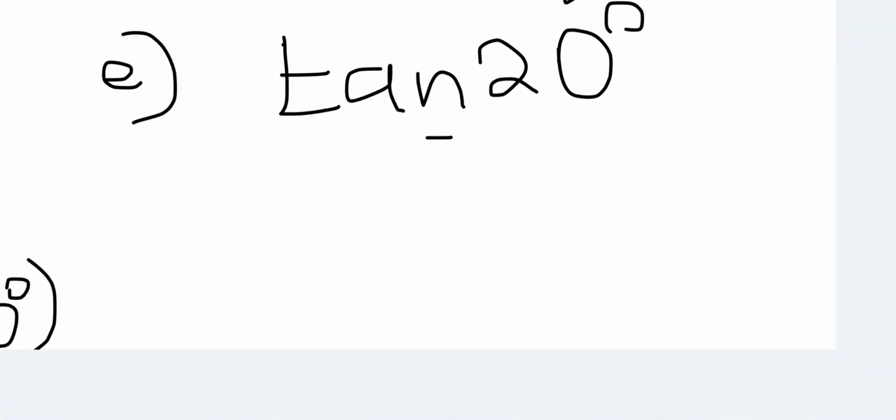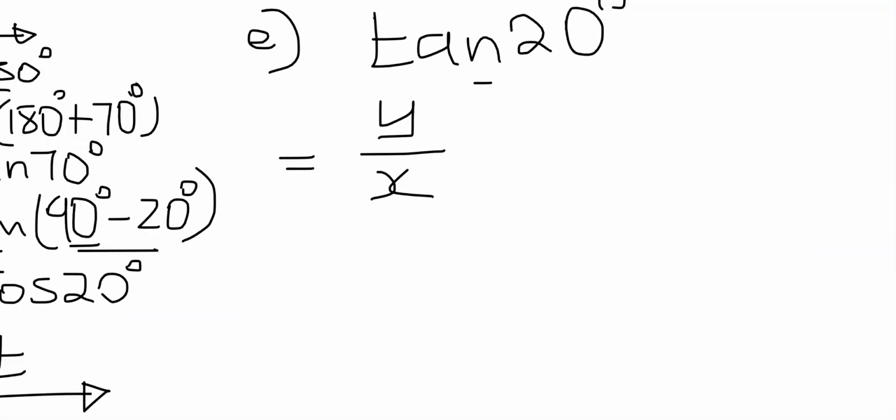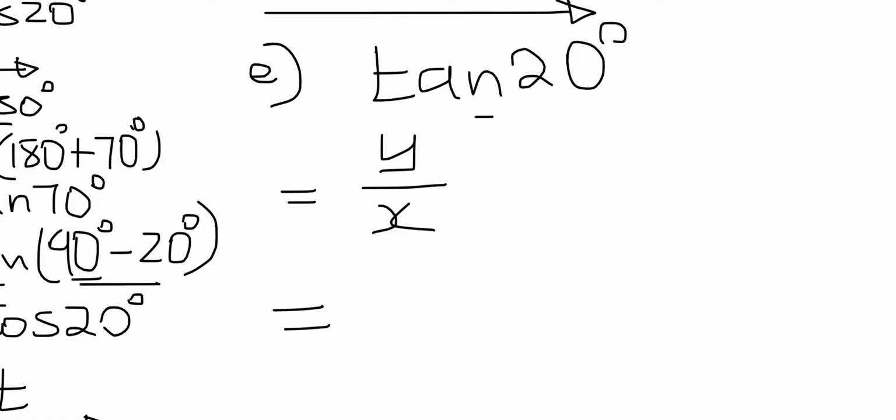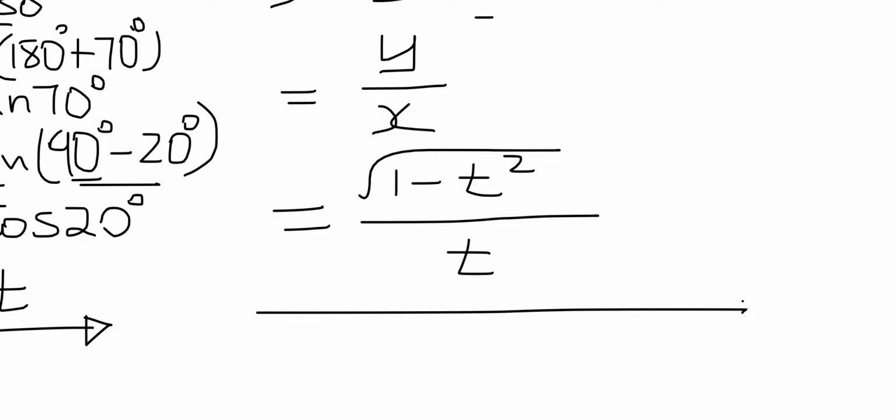Again, the angle is reduced, so all that you need to do is to write the ratio for tan, which is y over x, and with our reference angle being 20, we will therefore remember that y, I hope you still remember, is square root of 1 minus t squared over our x value, and that one we have figured out to say it is actually t, and that is the end of it.